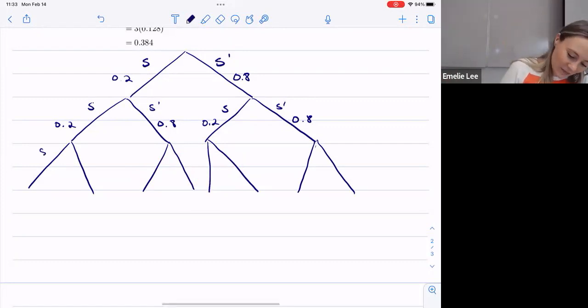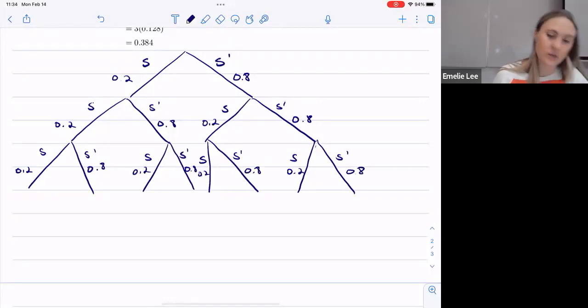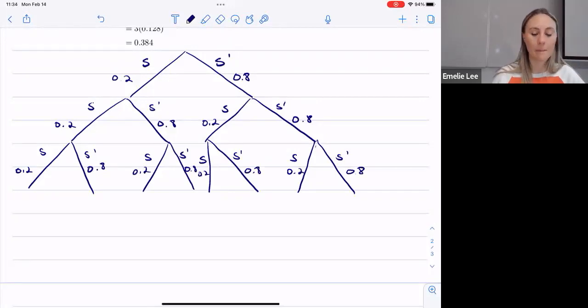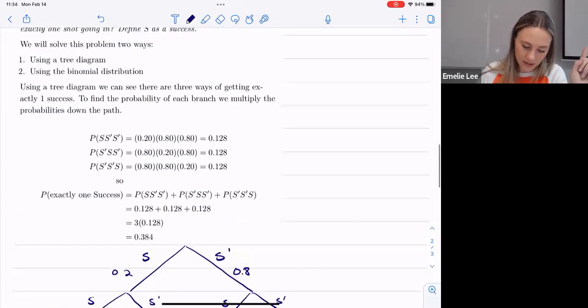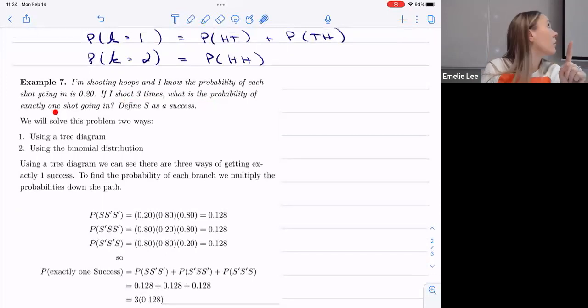So then same thing here. I have a shot and a shot. 0.2, 0.8, 0.2, 0.8, 0.2, 0.8, 0.2, 0.8. Luckily, we're only interested in exactly what's the probability of exactly one shot going in.